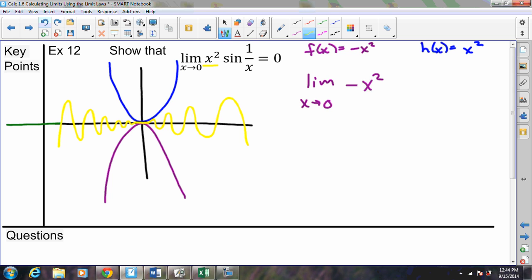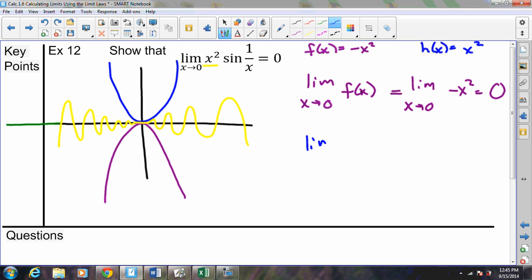If we have these equations then, our limit of f of x, which was the function that we decided as negative x squared, closes in on a 0.